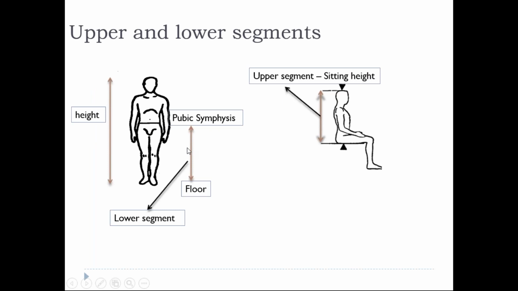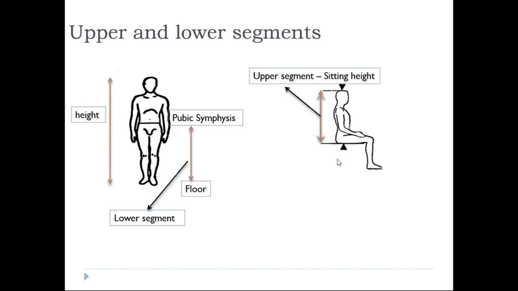There are two methods of calculating the upper segment. One is the simple one: measure from the pubic symphysis to the floor. This is the lower segment. Subtract it from the height and you will get the upper segment. Another method is you make the child sit down and measure from the head vertex to the stool.